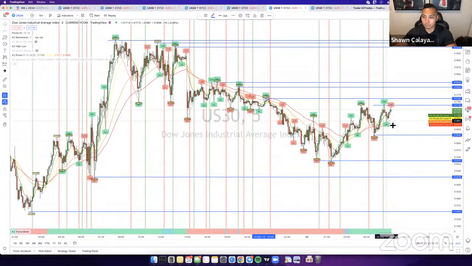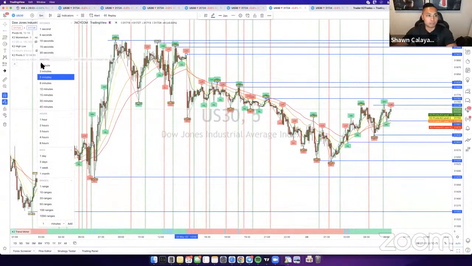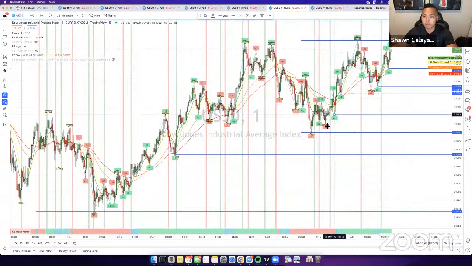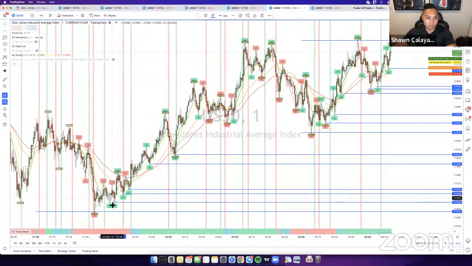A couple more here on the 5. And I think that might be it. One more time frame right here, the 1 minute. There's actually a lot down here. All right, so I think that's about it.